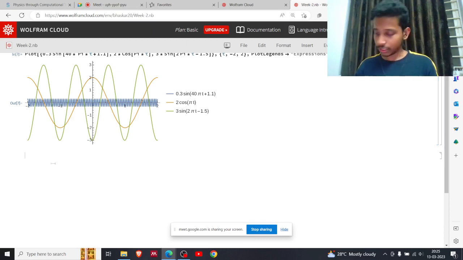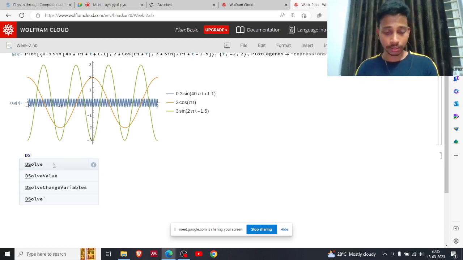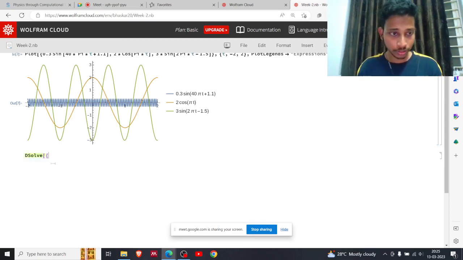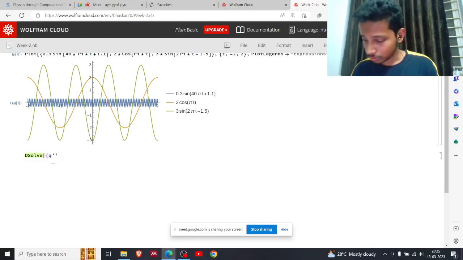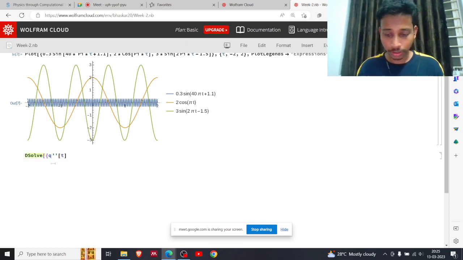Now again in the LC circuit we see the same kind of differential equation.